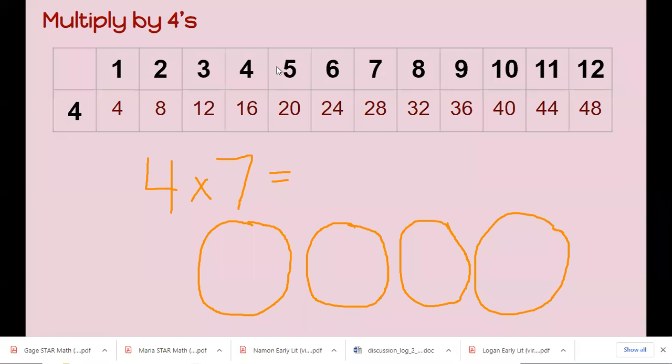All right, 4 groups of 7. So that means your first group has 7, your second group has 7, your third group has 7, your fourth group has 7. Let's put 7 stars in each group. Go to your first group and add 7 stars.